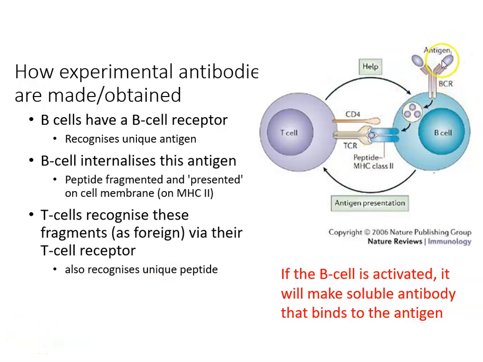If that cell recognizes that there is antigen bound here, that antigen can be presented to T cells on this MHC class 2 system, which I'm not going to go into in great detail, but that can be presented to the T cell with its T cell receptor, which itself is hypervariable.